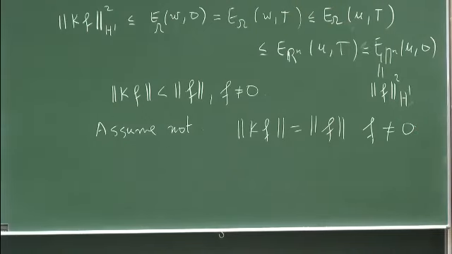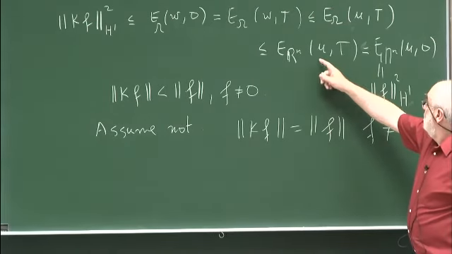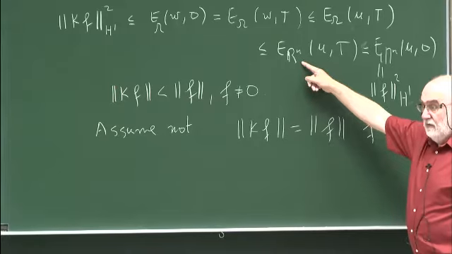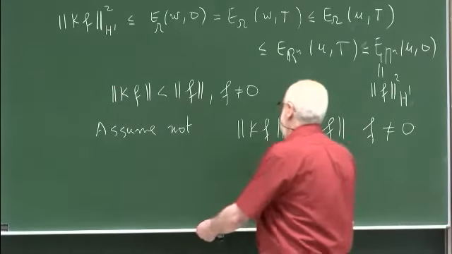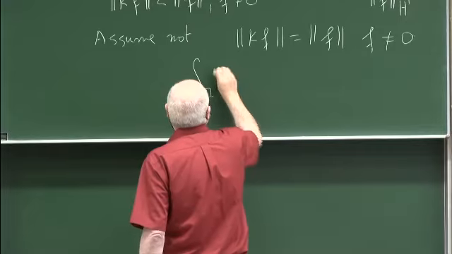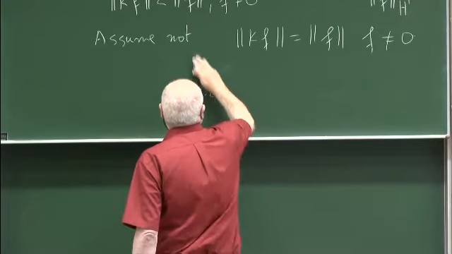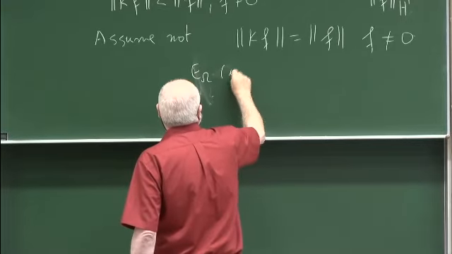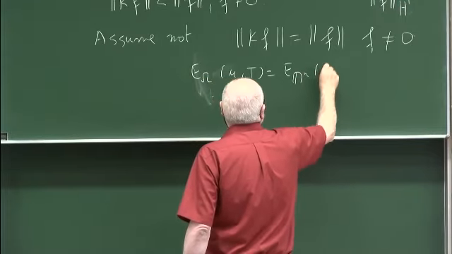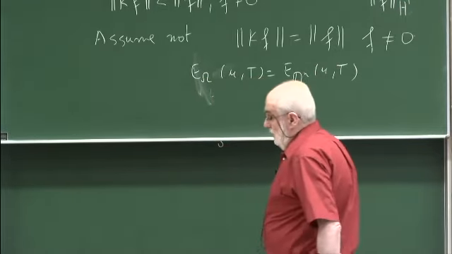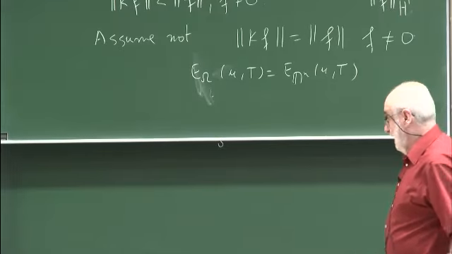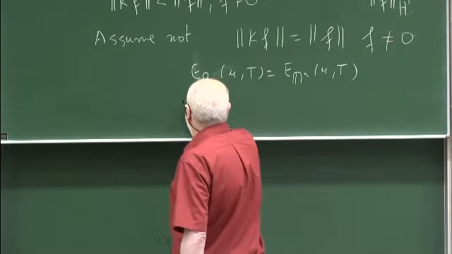So in particular, you have that the energy on omega of u is the same as the energy in Rn of u. So that means that the solution u has to vanish outside omega for time t.